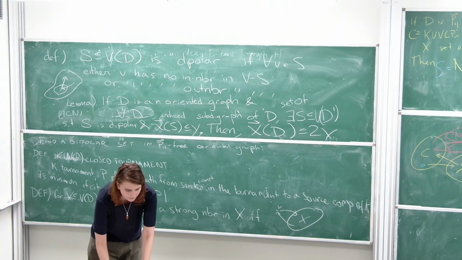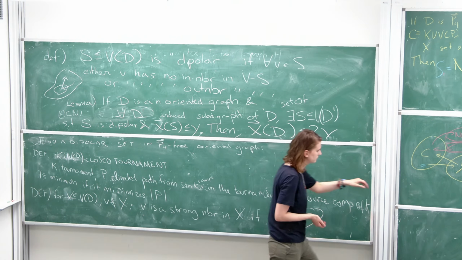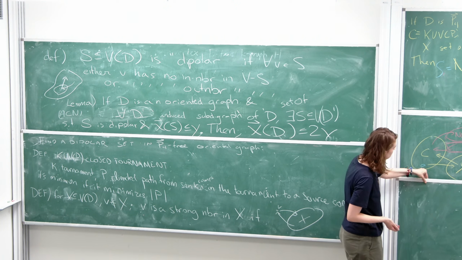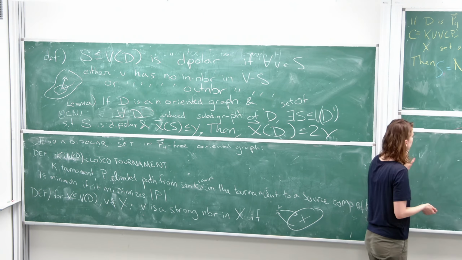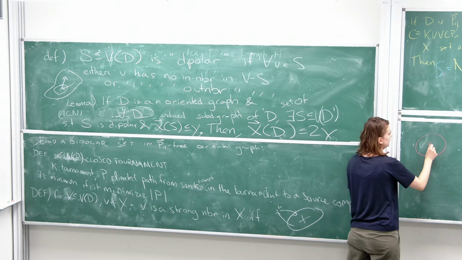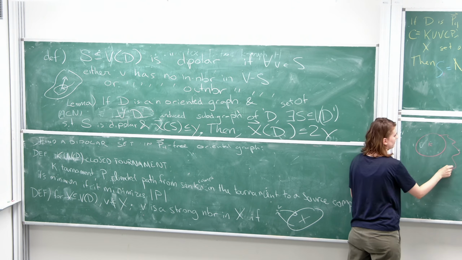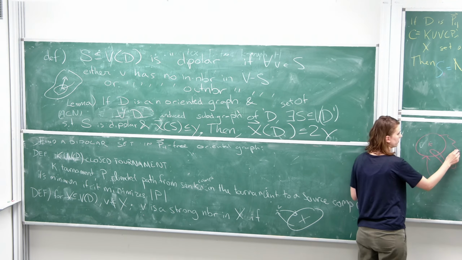And basically, the sticky part is, so we have K, and then we somehow have some path. Maybe it's doing something confusing, but it's going from a sink component to a source component.